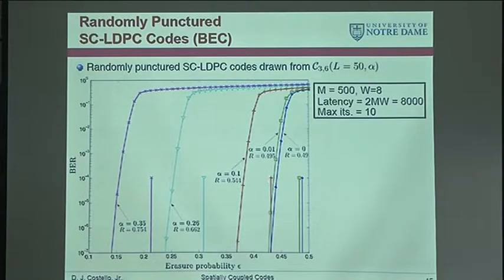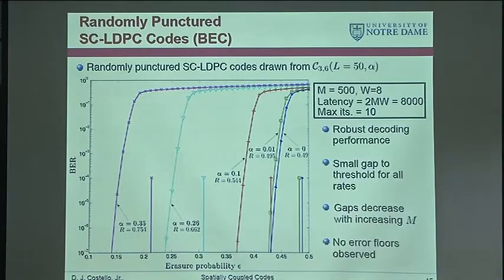And the straight lines are the related thresholds. What we wouldn't want to see is, when we do this, the performance getting further and further away from the threshold. We feel good about this: if we puncture and our performance is still about the same distance from the threshold. And that holds up all the way to about 35% puncturing, where we get our rate up to 0.75.